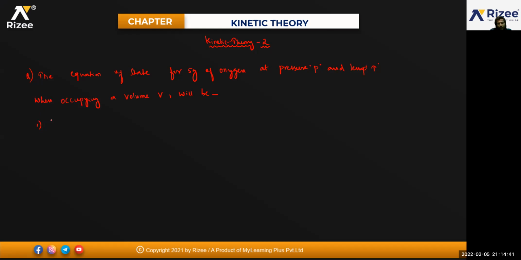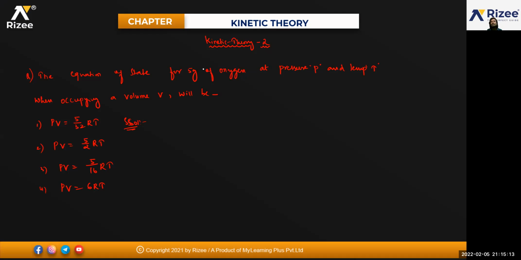First option is PV is equals to 5 by 32 R into T. Second option is PV is equals to 5 by 2 R into T. Third option is PV is equals to 5 by 16 into R into T. And fourth option is PV is equals to 6 R into T. So try it. Can anyone give me the answer for this one?